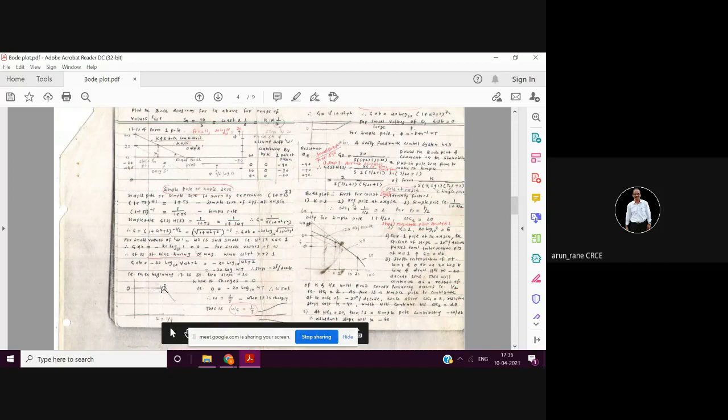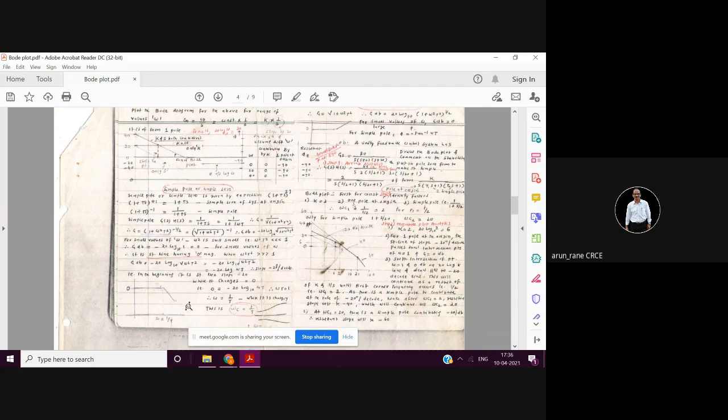Now, where to get this point? Here there is some trick. Whenever it changes, the slope is 0 at this point, and from here it is changing to minus 20 decibel per decade.